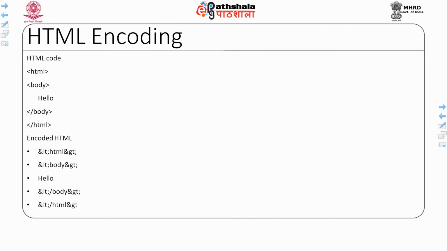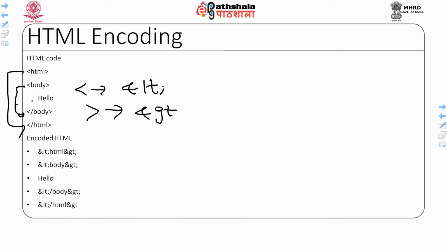Now, the term is HTML encoding. This is a simple HTML code: HTML, body, hello, body tag ends here and HTML tag ends here. If you go for encoded HTML, you all know the less than sign would be substituted by ampersand LT and the greater than sign would be substituted by ampersand GT. So, for one who reads the code, the readability would be less: ampersand LT semicolon HTML ampersand GT semicolon.